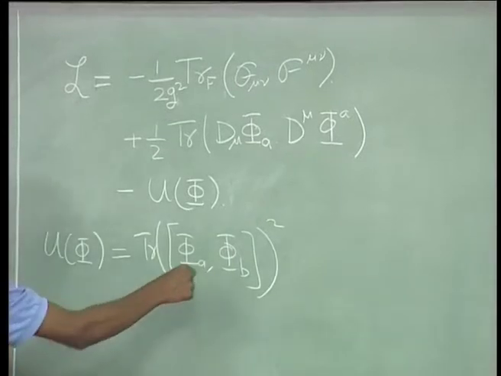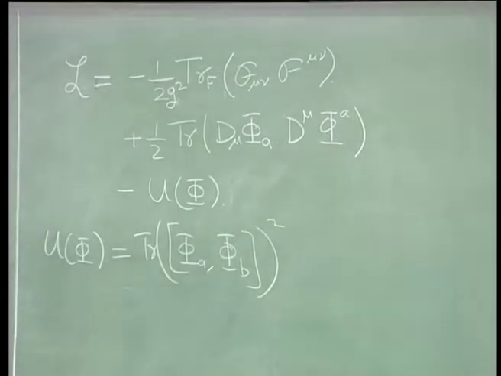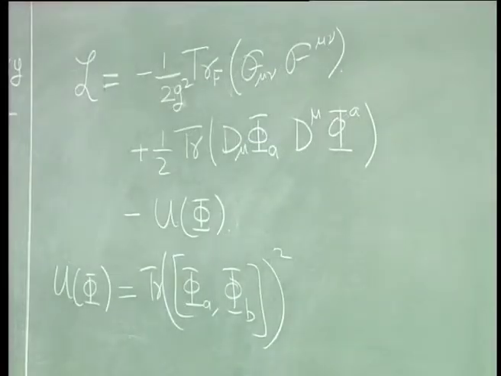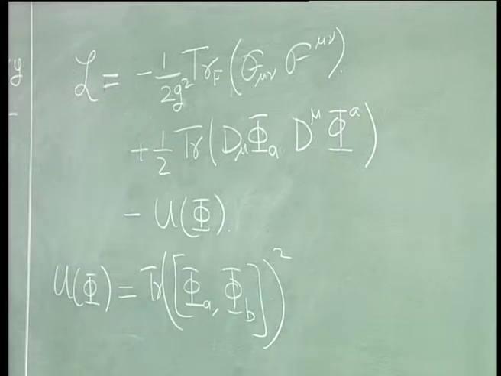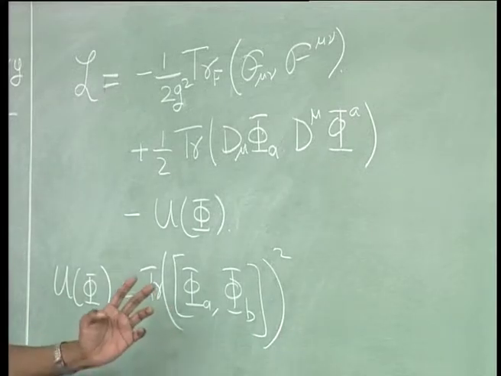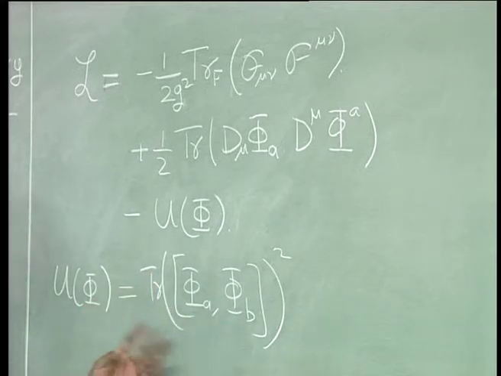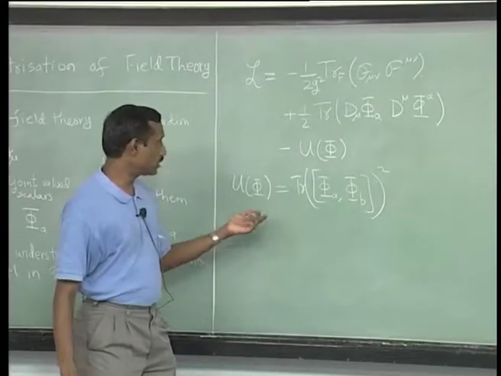So this potential is somewhat different from what we looked at. We were looking at things like lambda phi 4 and those kinds of potentials. This is very different. But this is a perfectly good potential, and this is natural in this theory.